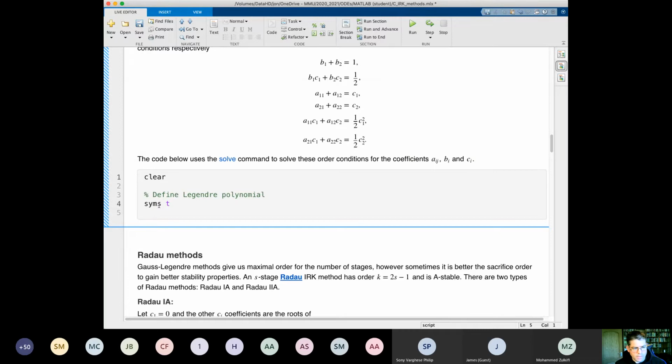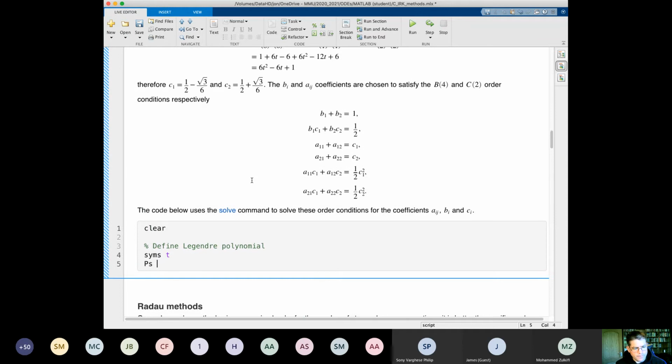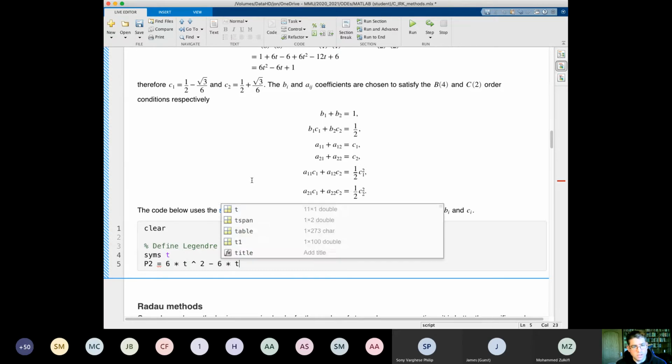So syms t means t is now treated as a symbolic variable, and our second order Legendre polynomial was 6 times t squared minus 6 times t plus 1.